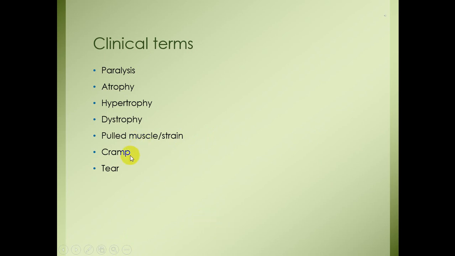Then a cramp is a sustained, long-duration contraction of muscle that is excruciatingly painful. It usually occurs in calf muscles, but it can occur in other muscles as well. So during injury, muscles can be torn. For example, you have studied in the lower limb that the hamstrings are torn from the ischial tuberosity at their origin. Thank you.